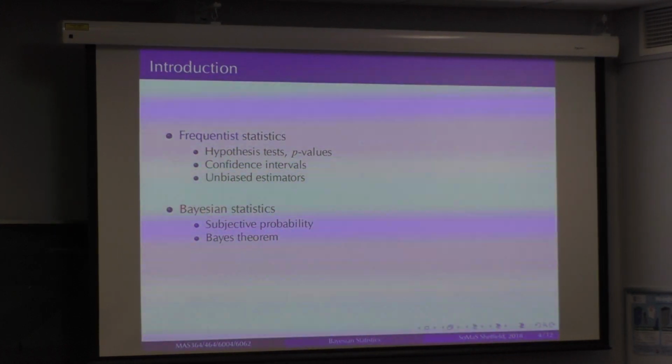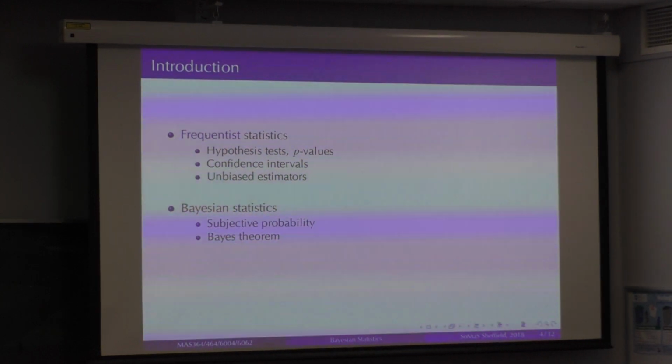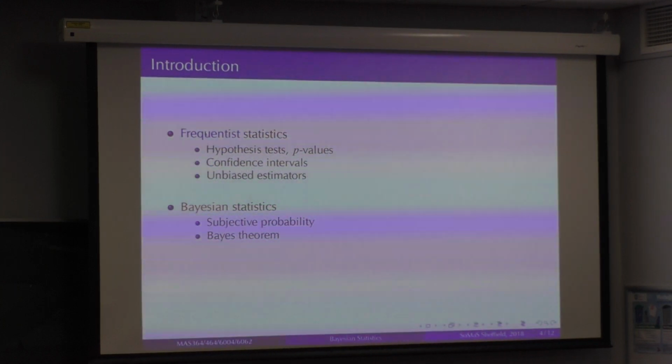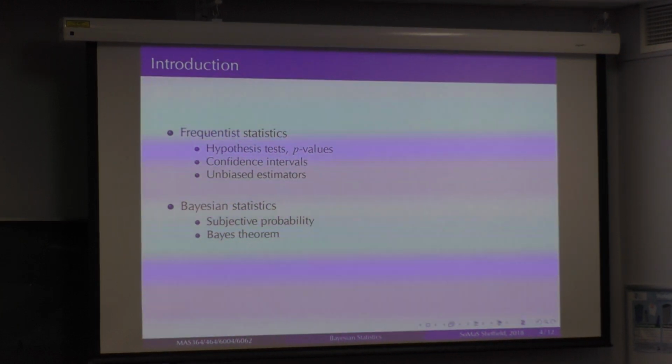Bayesian statistics uses a subjective approach to probability, and then uses that probability with Bayes' theorem in order to combine your subjective information with information in the data, and try to describe your state of knowledge after learning something.